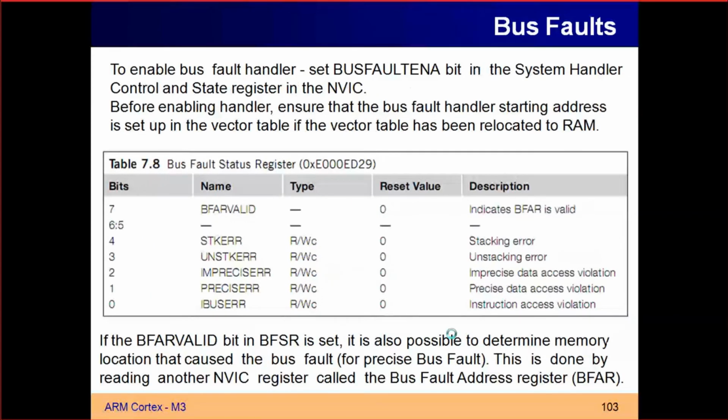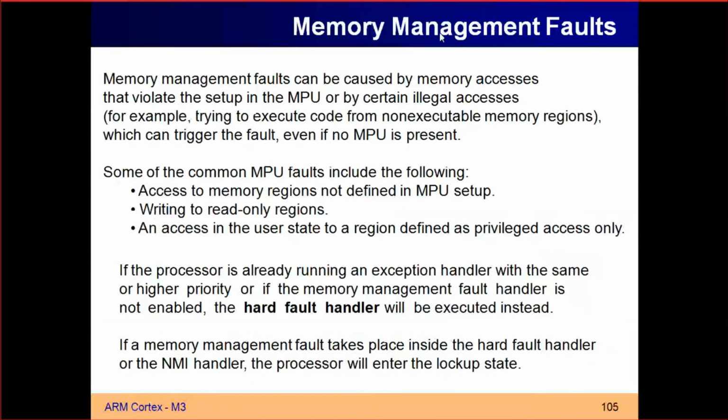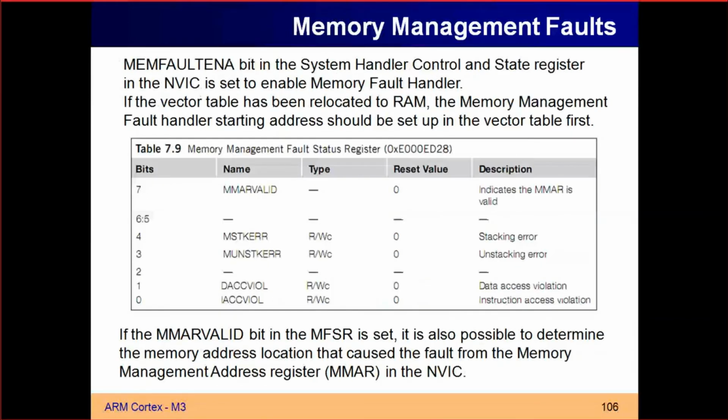Similarly, in this case also, if this same fault is occurring while executing a hard fault handler or NMI handler, again processor will go to lockup state. It doesn't know what to do. Then how will you enable the memory management fault? Again, the MemFault enable bit is there in the same register, SHCSR, system handler control and state register.